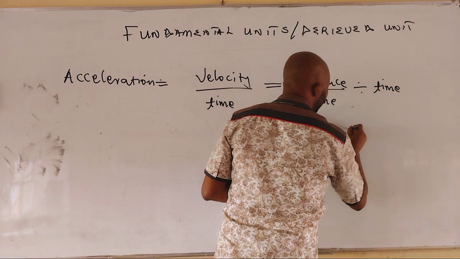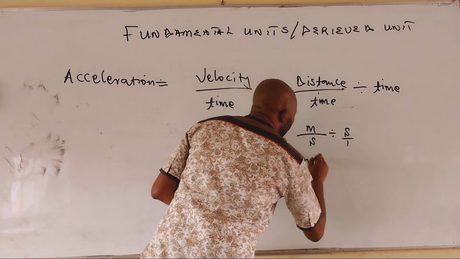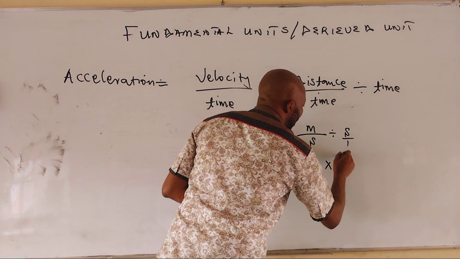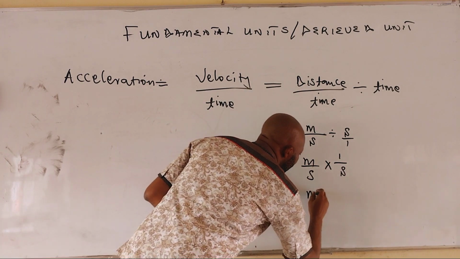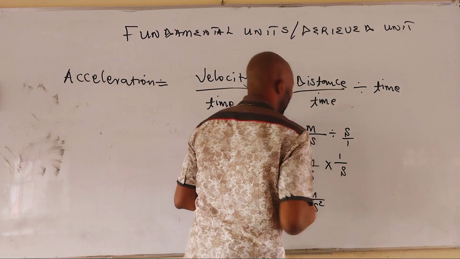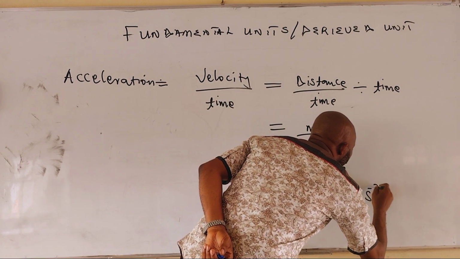divided by time in seconds. This is over 1. So when we have division here, we change it to multiplication, we have 1 up and s will come down. This will now give us meter over second squared, which is the same thing as meter times second to the minus 2.